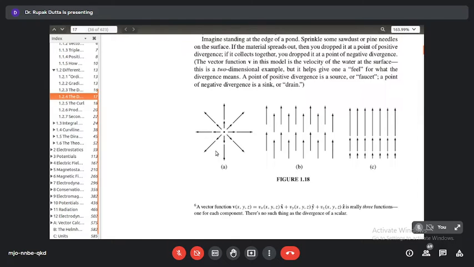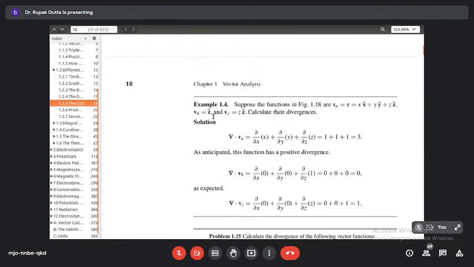Yes, sir. Can you explain the B part, sir? k z cap, this one. Okay, so if you consider k z cap, k is constant, right? Because the magnitude remains the same. So if you do the dot product del dot V, this part is anyway 0 because there is no x dependency, and the z dependency is also going to be 0 because del z of k is also 0, right?